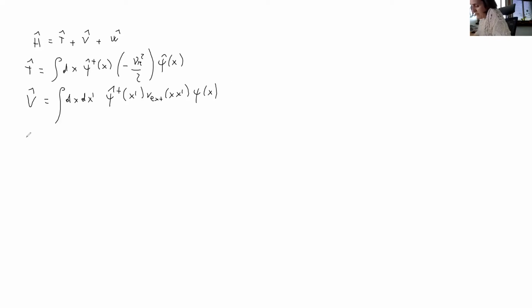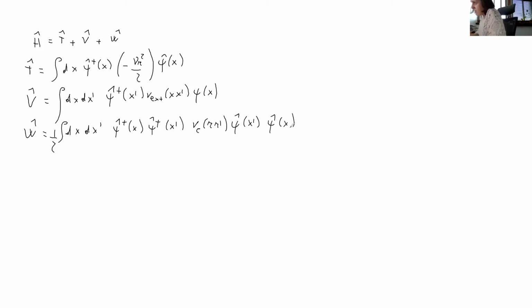Okay, and then I have the electron-electron interaction, which is set like this. This is the Coulomb potential. Okay, where now x includes both the space and the spin variable, and where the integral in x means integral in space and summation over s, okay?